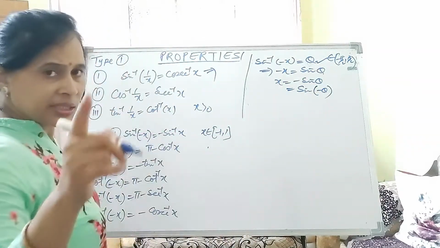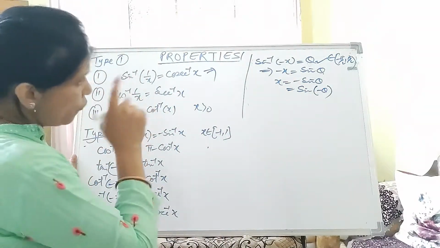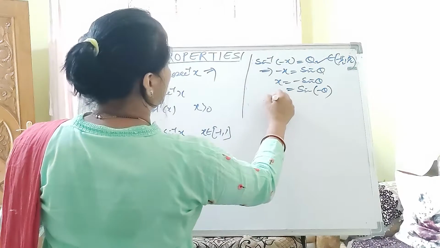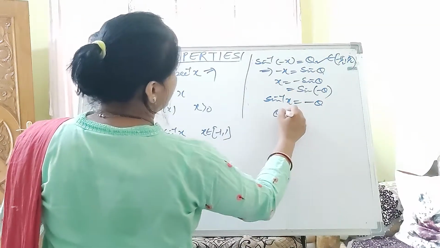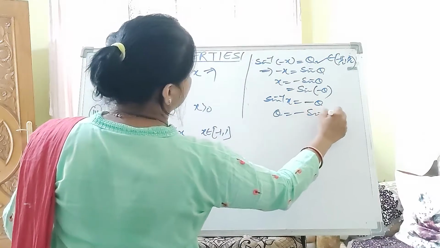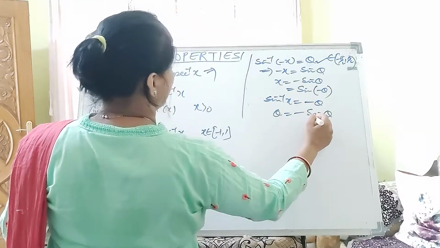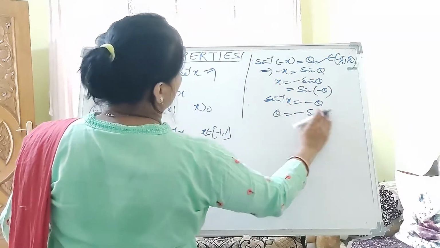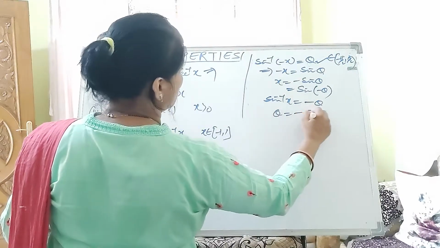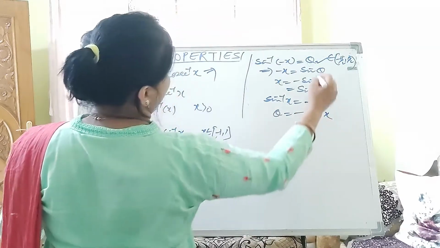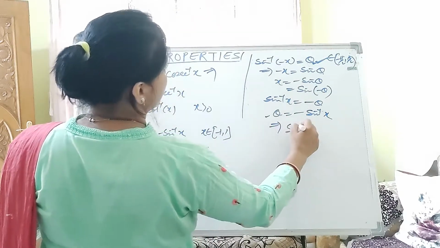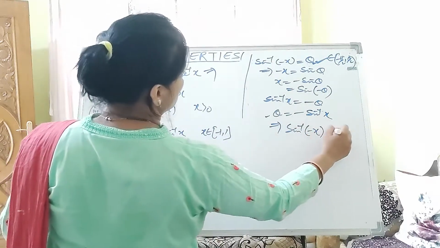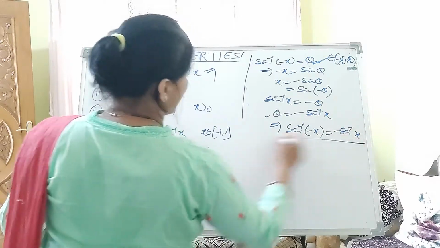Reason: minus theta is an angle of the fourth quadrant. Then this will give me sin inverse x is equal to minus theta. Theta is equal to minus sin inverse x. Now theta is this, theta is this. Ultimately, sin inverse minus x is equal to minus sin inverse x.